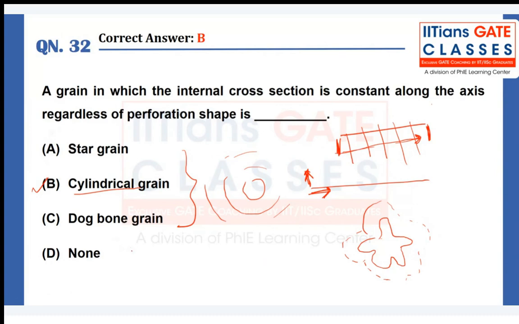Or else they should have specified, since cylindrical can be annular or it can be a complete end burning grain also. An end burning grain will have a constant internal cross section along the length of the grain as well as in the radial direction. But all these things are unclear, they should have mentioned. I hope it is clear.